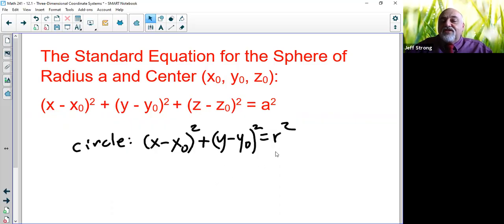That's similar to the formula for a circle in 2 dimensions. We use an h and a k in college algebra, so the variables are a little bit different. We're using x sub 0 and y sub 0. In R or A, it's the same thing.